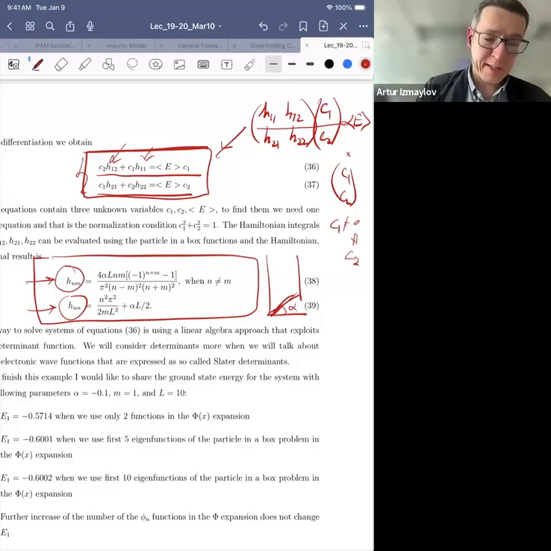Otherwise, we cannot have non-zero coefficients. Do you need further clarification why this is the case, or was that obvious for people who are listening?